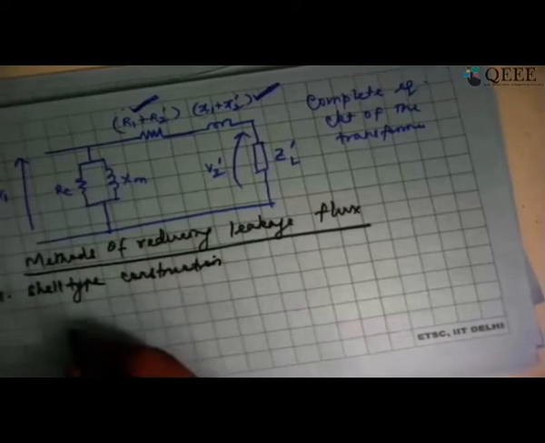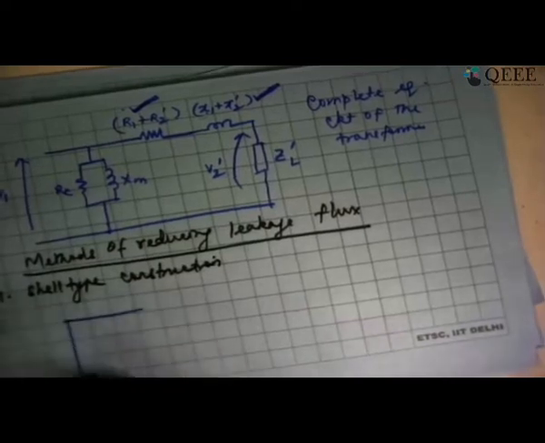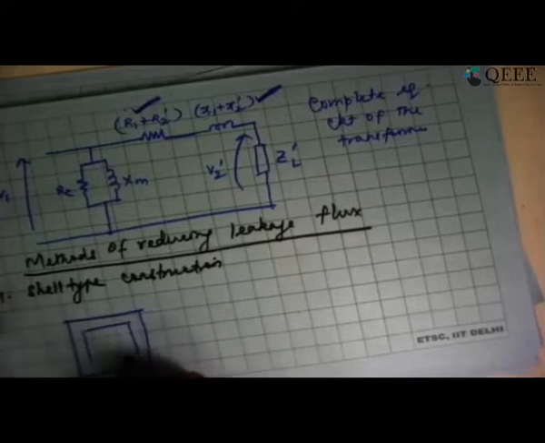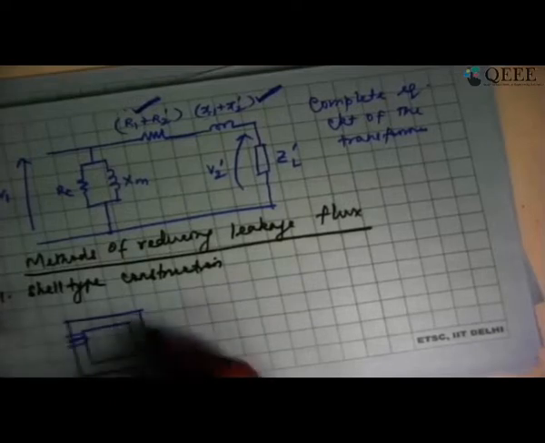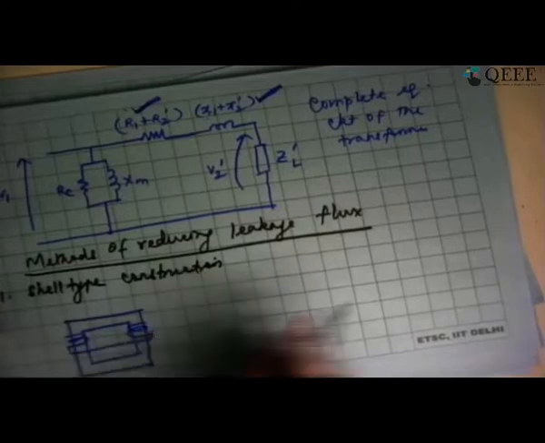The first and foremost method is to use shell type construction. In core type construction, I am essentially going to have my core like this. Primary and secondary are not wound on different limbs. I can have portions of the primary on both limbs, and these two can be connected in series.